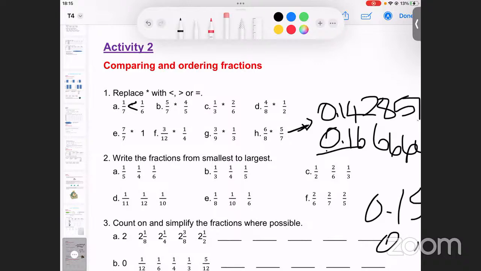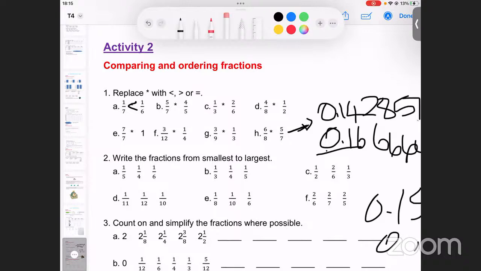So first, since there's two numbers there, it's going to be 5/7 and 4/5. The answer is going to be 4/5.